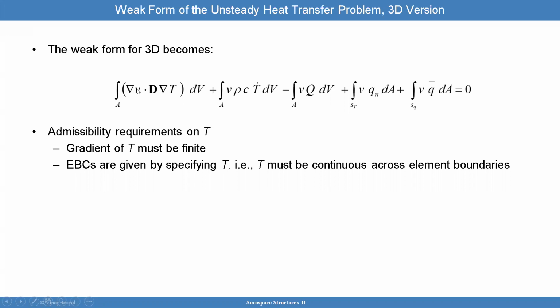And again, v is an arbitrary function. We're selecting v to be the polynomials that can solve the problem within a domain, within an element. D is the conductivity matrix, and T is what we're looking for. Okay? So there you go.